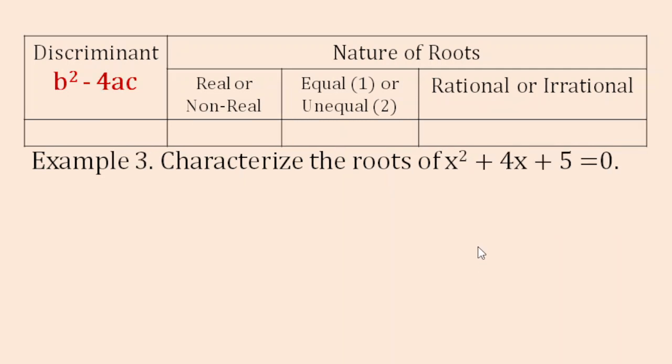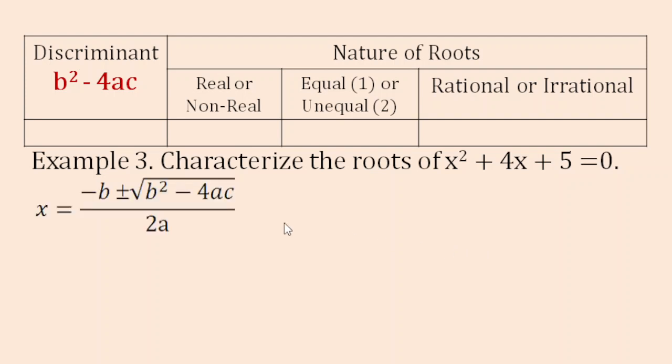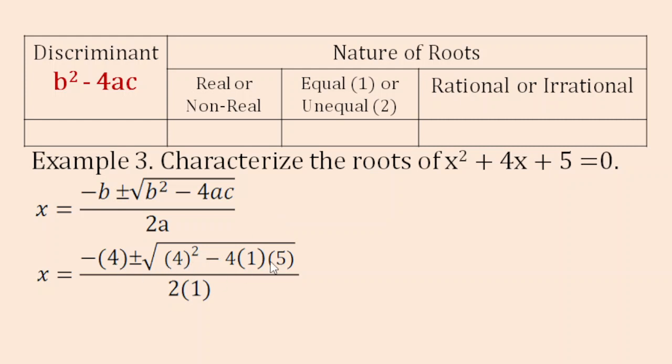Example 3. Characterize the roots of x squared plus 4x plus 5 equals 0. Again, this is our quadratic formula. A here is 1, B is 4, C is 5. Plugging those values into our formula, we get this.